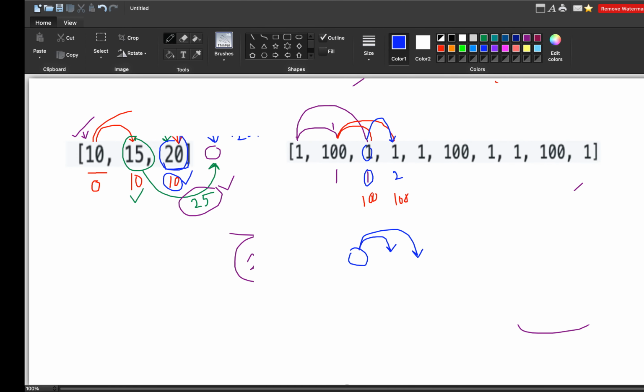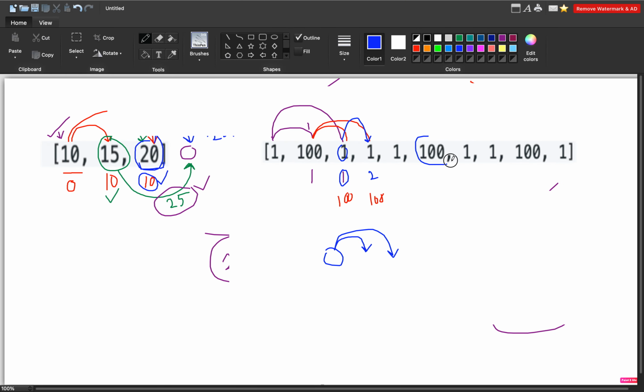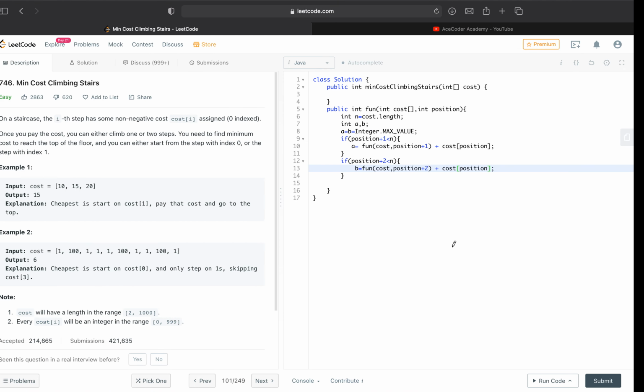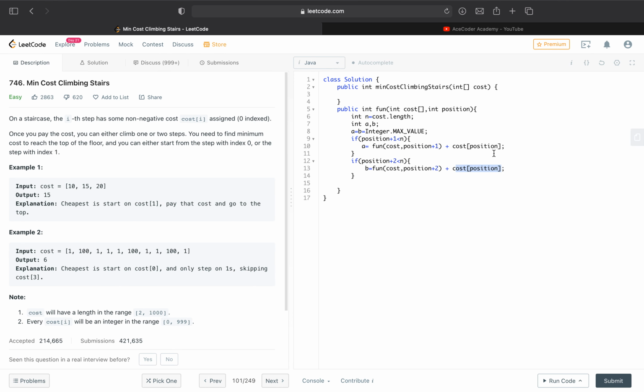Basically, if you are standing at this particular index, and the previous cost of reaching here was X, then if you take one jump, the cost will be X plus 100. Similarly, for two jumps, it will be X plus 100. So that's why we have to include the price of this particular position too. That's what we are doing here and here.